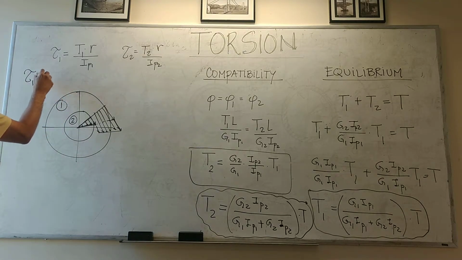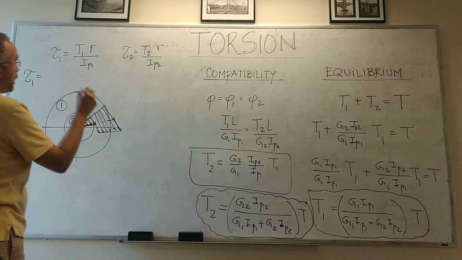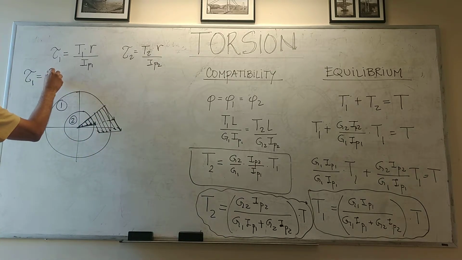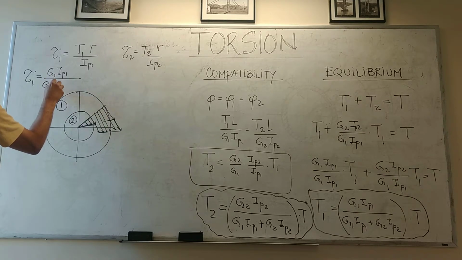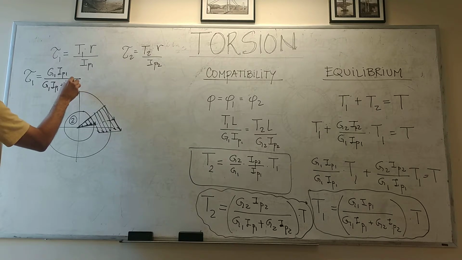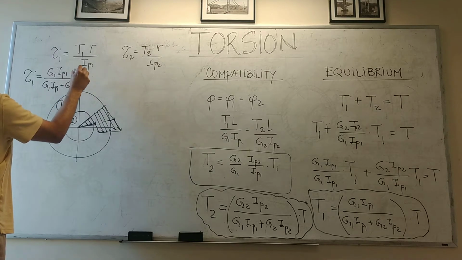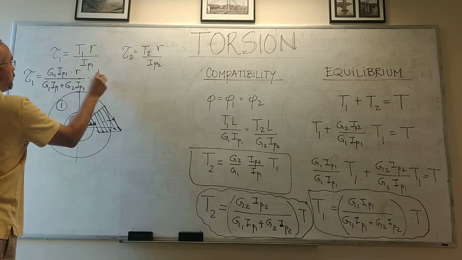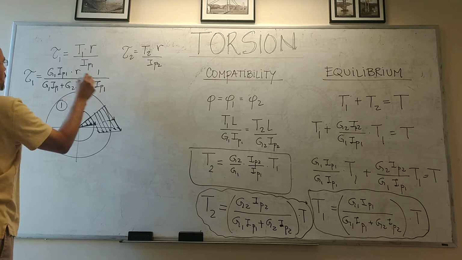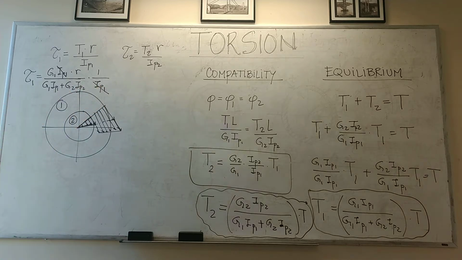So if you write tau 1 equals T1, which is G1 IP1 divided by this, times R divided by IP1, this cancels.